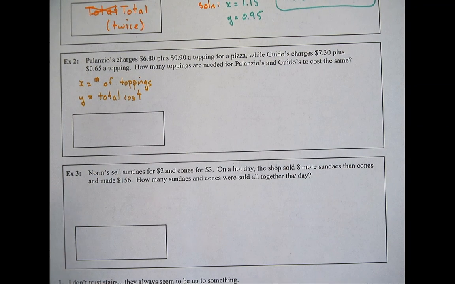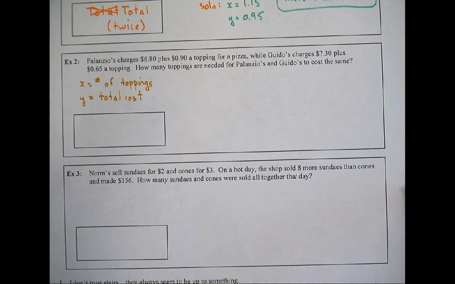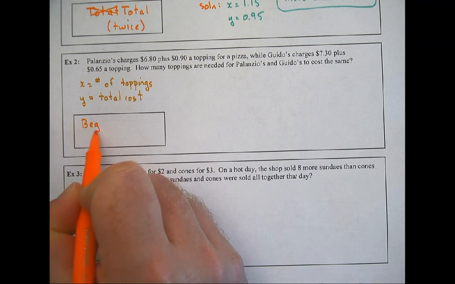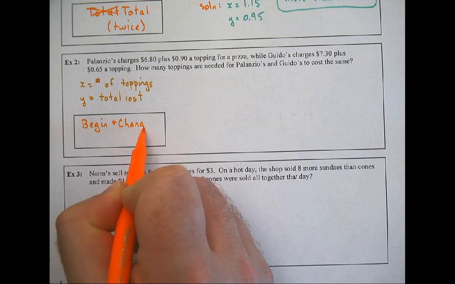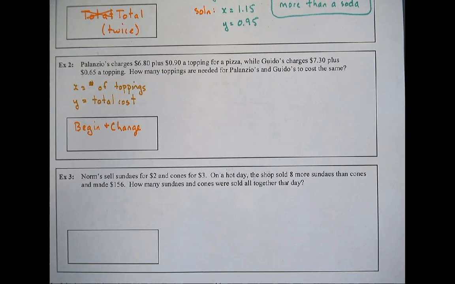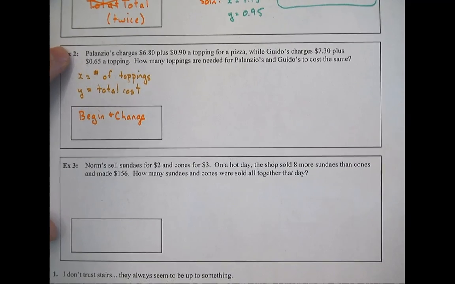I call these examples beginning and change. I think I'm going to change my plan here a little bit. I call this a begin and change. Because right off the bat, as soon as you walk into Palazzo's and you start ordering a pizza, how much are they going to charge you?